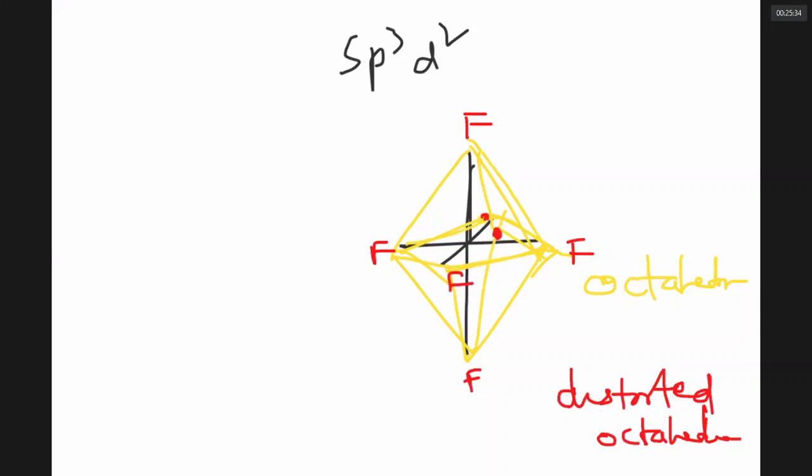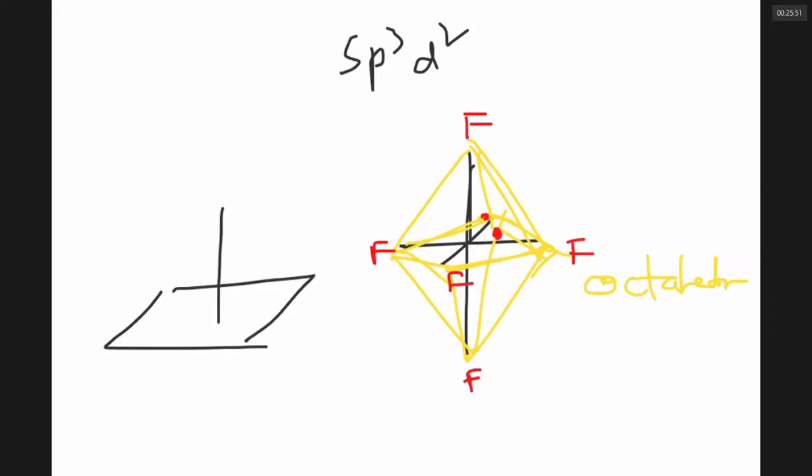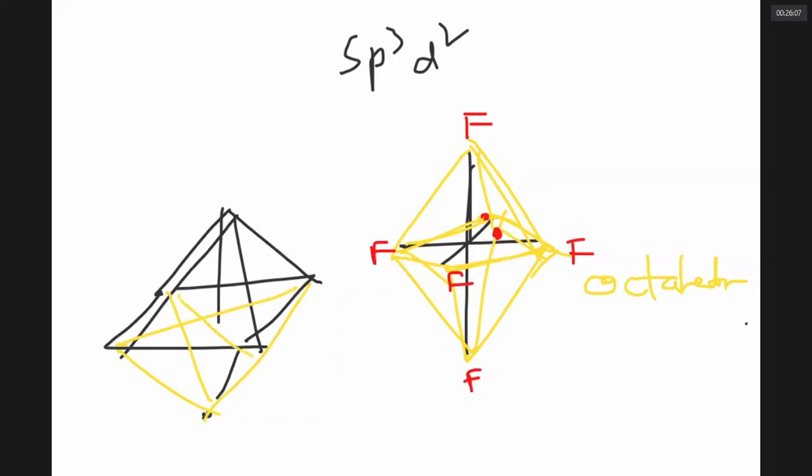Or I can look at it from a different angle. I will draw it differently so that you get a real feel for how it looks. One, two, three, four. If I put one more here, it will be an octahedron.